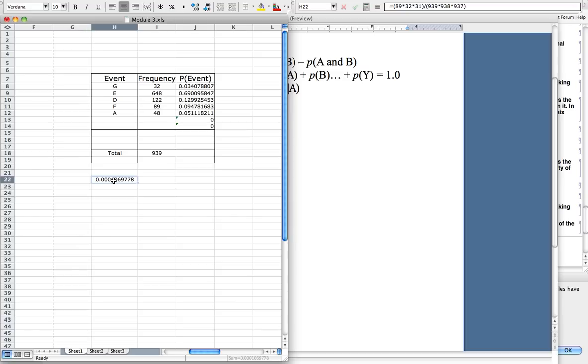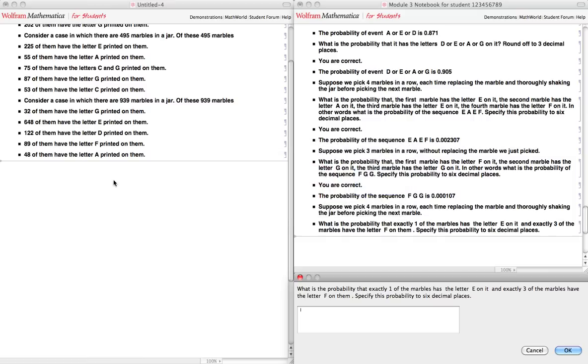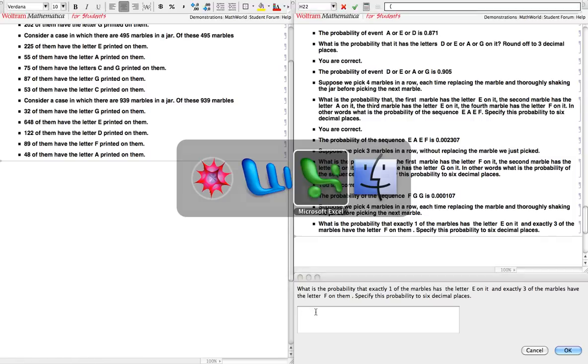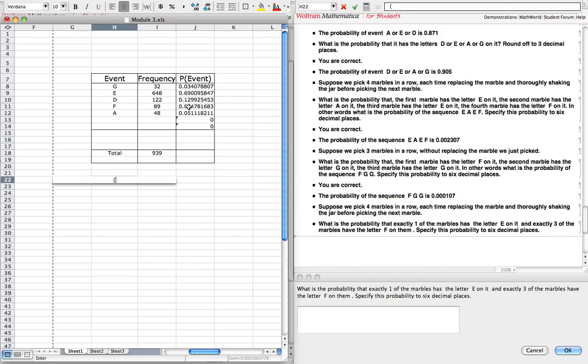Okay, so what I'm going to do is compute the probability of one such sequence, and there's replacement, so it's a little easier. 3 of the marbles have the letter F, and 1 has E. Okay, so it's the probability of F multiplied by another F, and by E. And don't forget that there are 4 ways to get this, so I multiply the probability of one such sequence by the total number of ways in which we could have that sequence, which is 4.